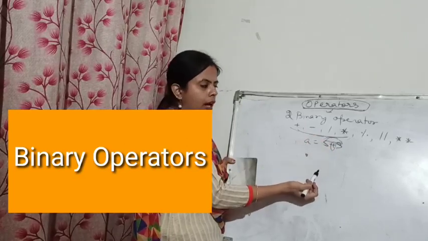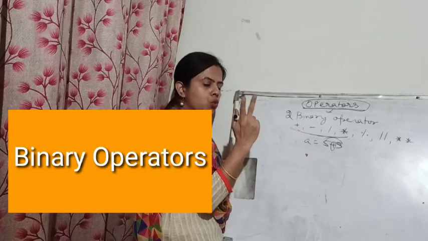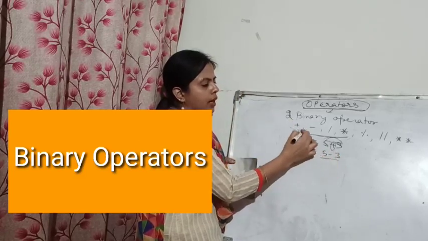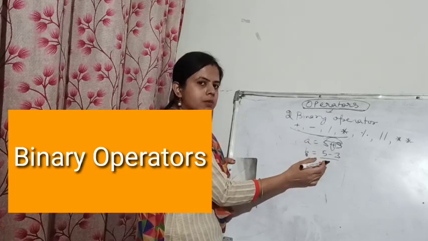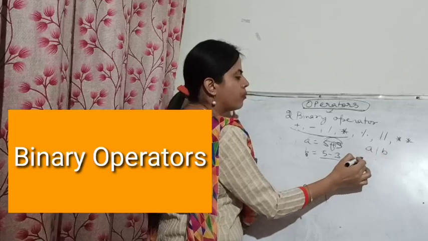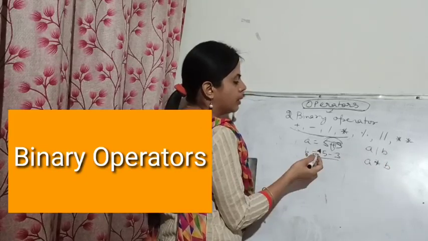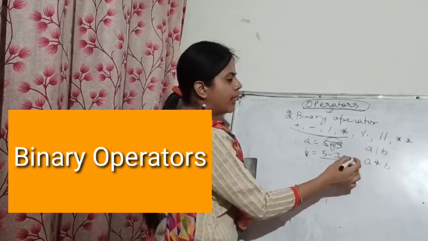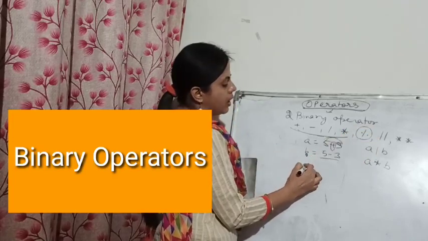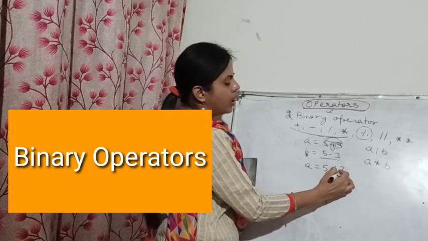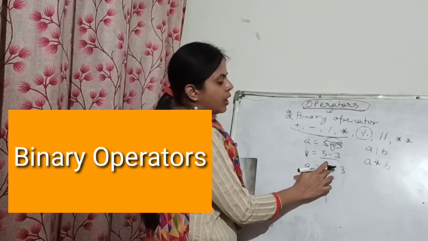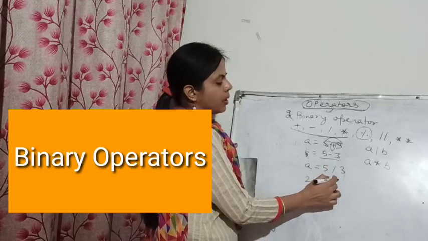Computation is being performed on two operands. Now if I have written b is equal to 5 minus 3, it will be called the binary minus operator. You can use it like this: a by b, a into b, supposing the values of a and b are already defined. The mod operator stores the remainder. So if I have written a is equal to 5 mod 3, what will be the answer? 2. And if you use the division symbol, the answer will be 1.